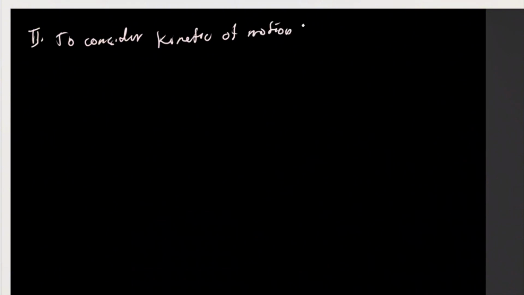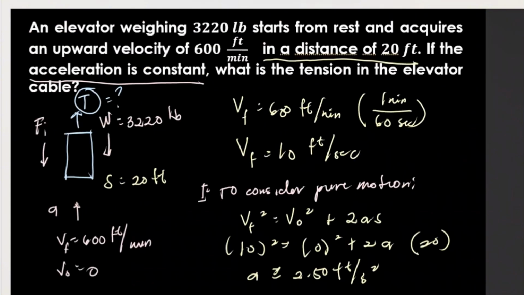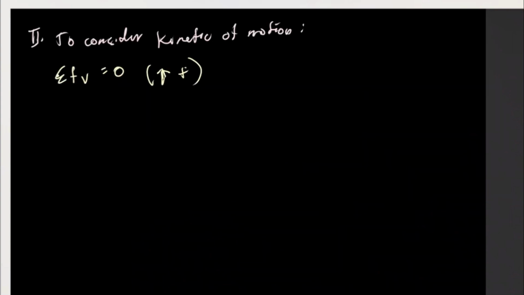Using the kinetics of motion, we sum the forces along the vertical equal to 0, assuming that the positive forces are those in upward motion. Let's bring back the free body diagram. That becomes T positive, minus F sub I, minus W is equal to 0.